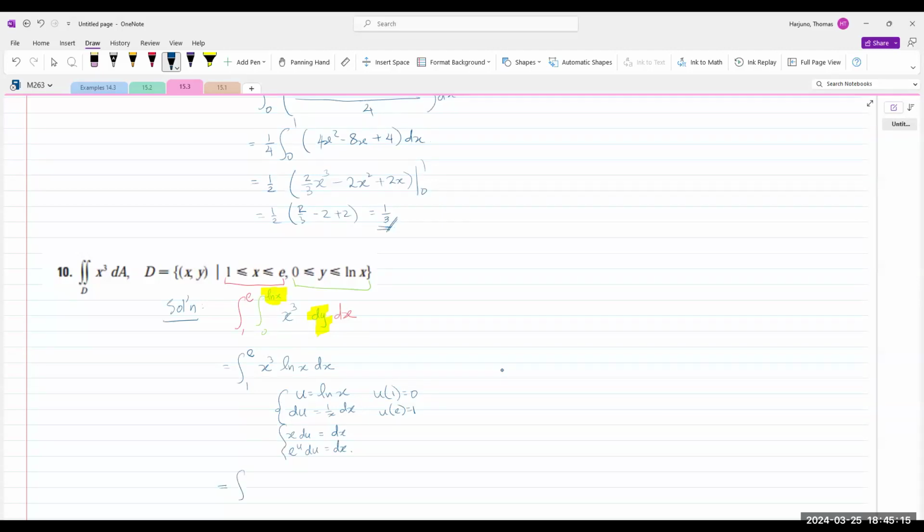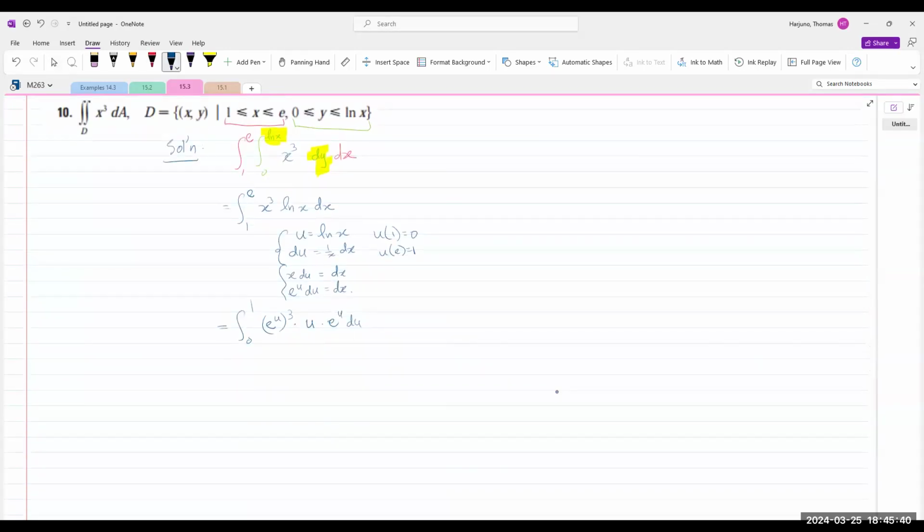So now the integral becomes from 0 to 1. x cubed is e to the u, cubed. ln x becomes u, and dx becomes e to the u du. So this is the integral from 0 to 1 of u e to the 4u du.